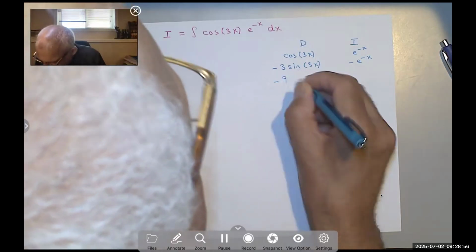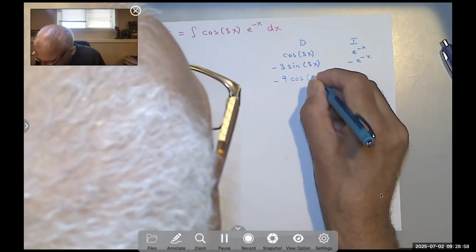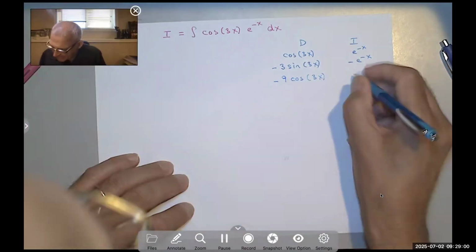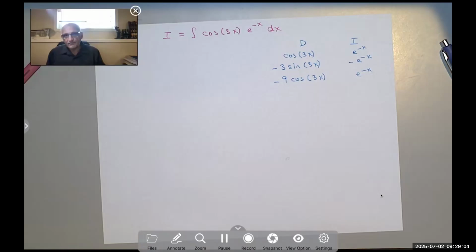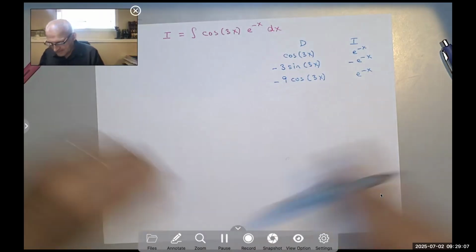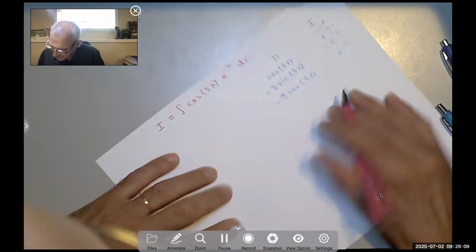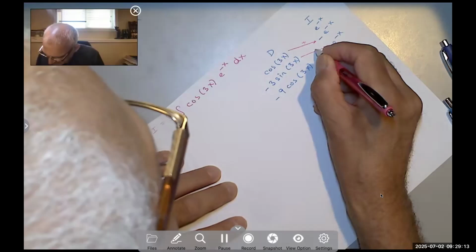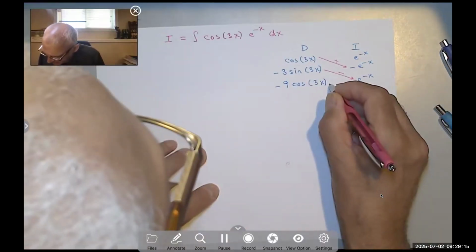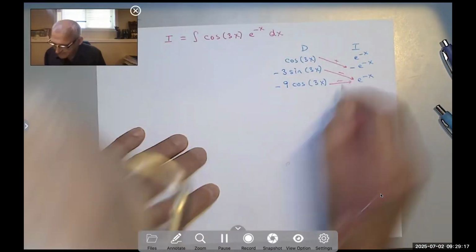Negative 9 cosine 3x and e to the negative x. Here I will stop and say, okay, I'm going to multiply this by that, positive, this by that, negative, and then I'm going to integrate those positive.